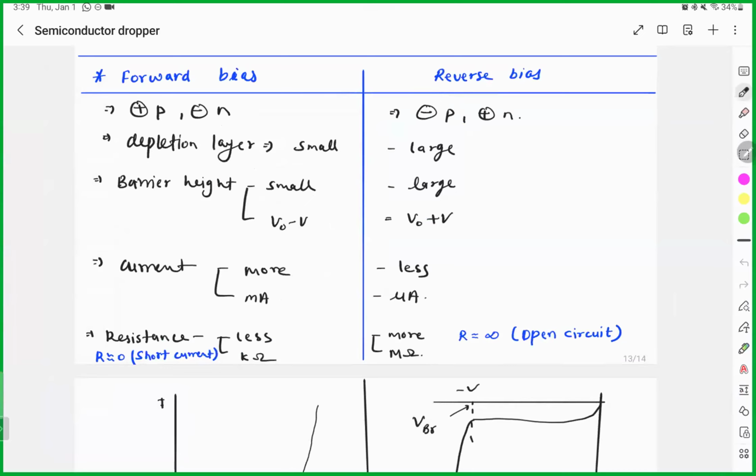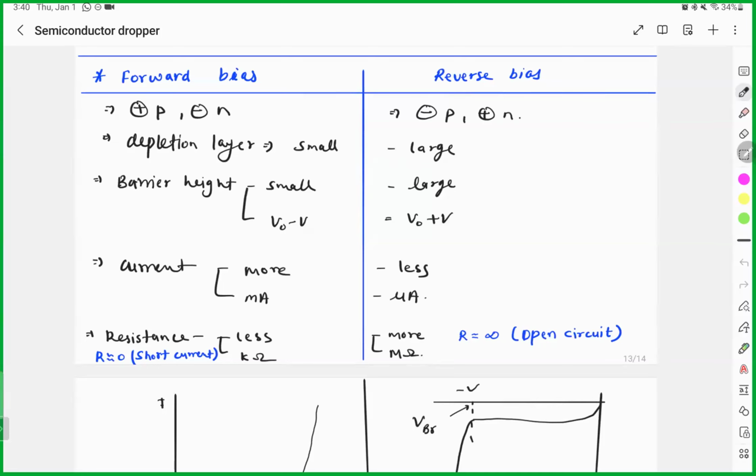Same with resistance. We said that when resistance is minimum or almost zero in case of forward bias, like continuous current, then it is short circuit, not short current. So you correct this statement: short circuit, resistance is almost zero. In reverse biasing, because the resistance is too much in mega ohm, it will be like an open circuit, no current passing.